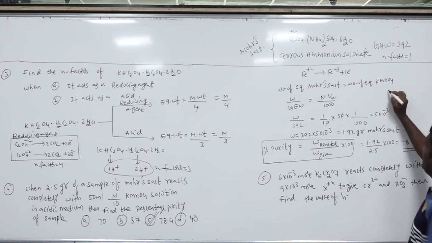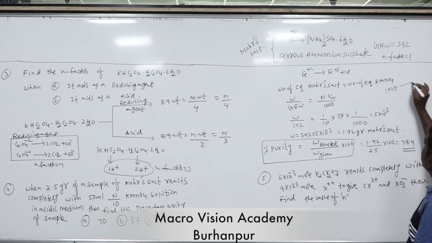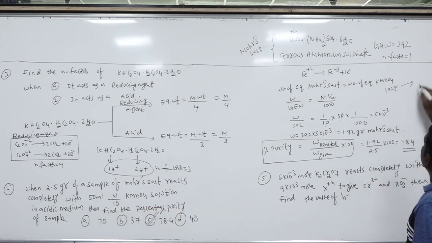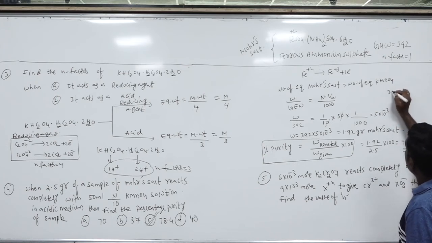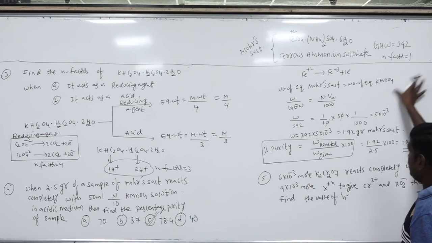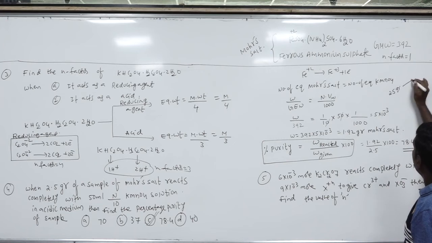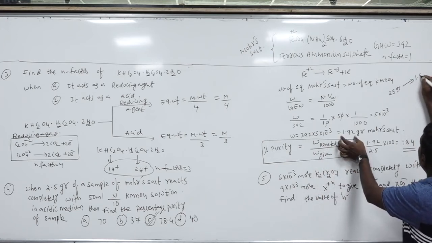Simple unitary method: in a 2.5 gram sample, exactly 1.92 grams of Mohr's salt is present.